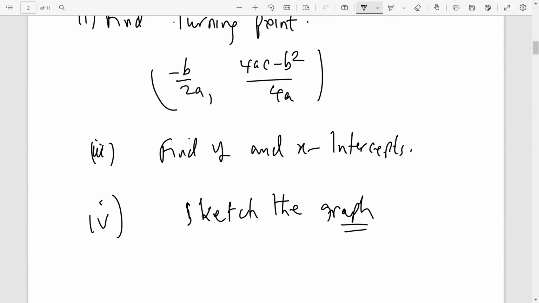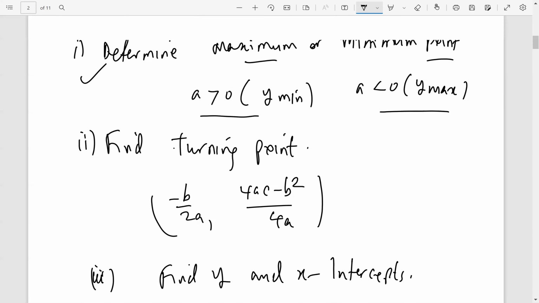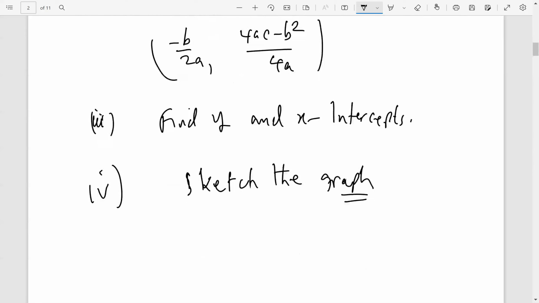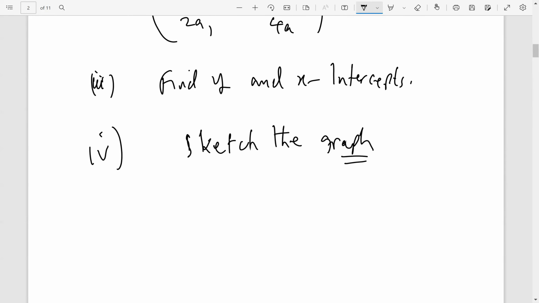So if you observe these 3 to 4 stages, then you will be able to draw, to sketch the graph without using a table of values.